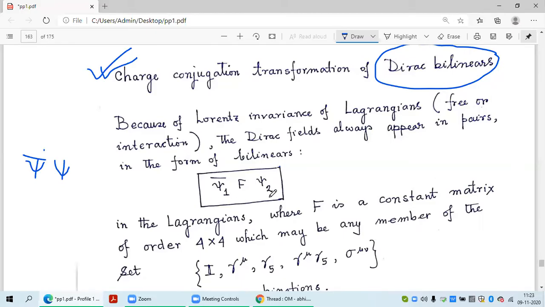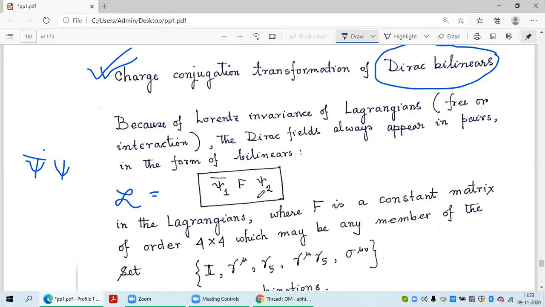Also, F is a 4x4 matrix, psi 1 bar is a 1x4 matrix, and psi 2 is a 4x1 column vector. Therefore, the whole thing is 1x1, as the Lagrangian should be. For that reason also, one requires this kind of term. If Dirac fields are there, this kind of term should be there in the Lagrangian.